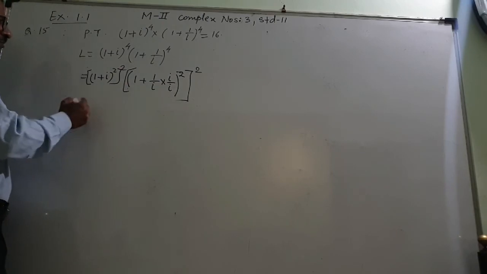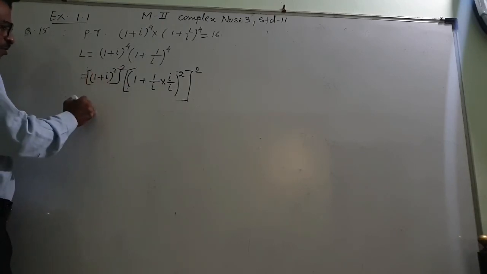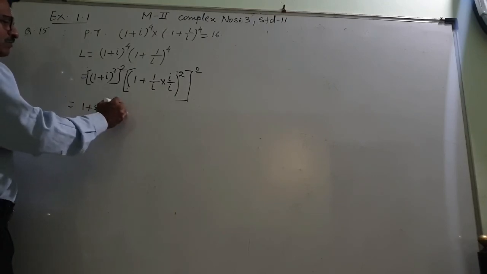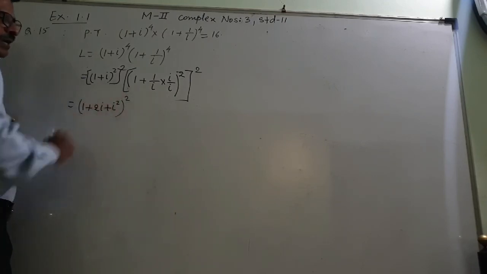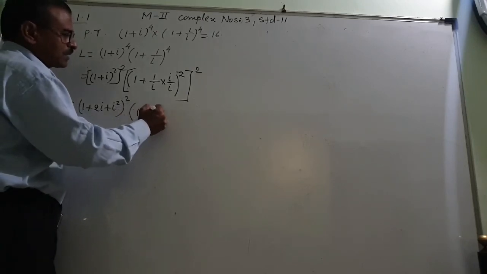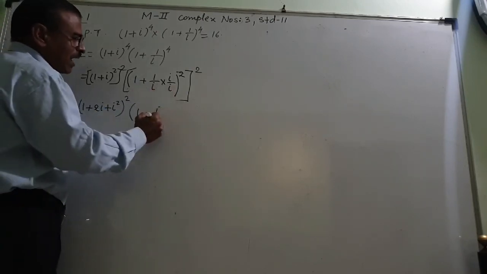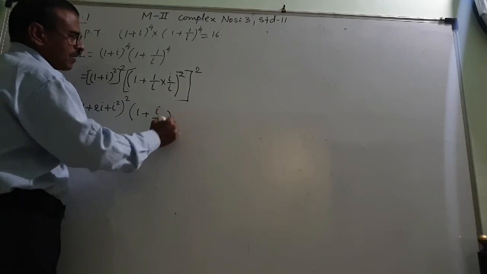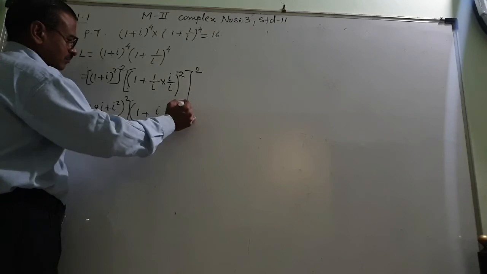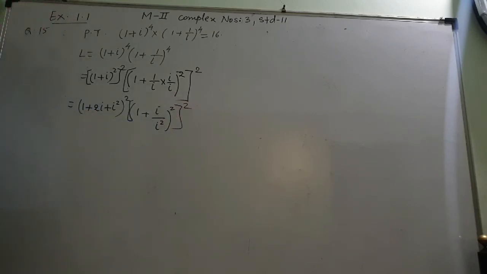That is equal to, now this I will expand: (1 plus 2i plus i square) bracket square. Now this (1 plus i) upon i square, its square and then square. I am just simplifying it.